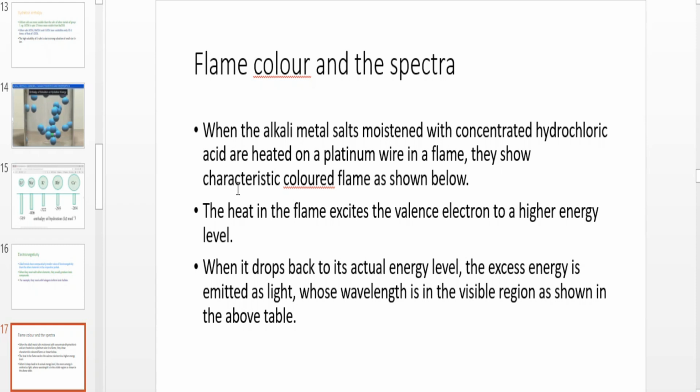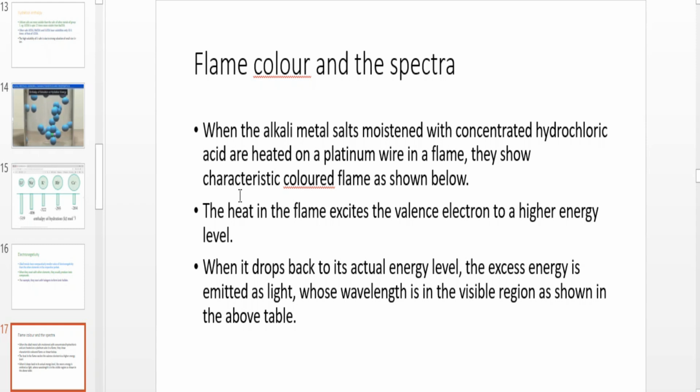This is the flame test. Why does this color formation happen? When you heat that salt, the electron which is found in the outermost orbital gains a certain amount of heat energy. It is excited and jumps up to a higher energy level.